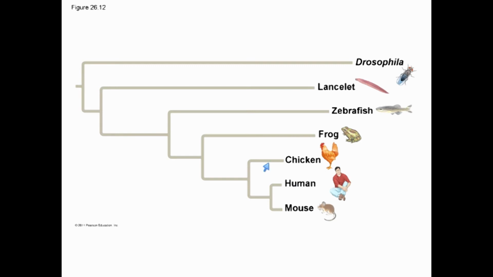Okay, chicken is a little bit closer to the human and the mouse, the frog a little bit more removed, and so on and so forth. Okay, so when you compare the mouse to the fruit fly, there's not a whole lot of similarity between the two based upon the length of that line. Okay, the shorter the line, the more the same they are.